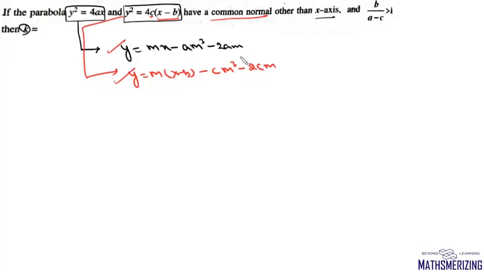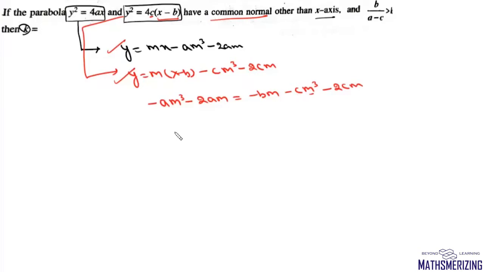So if we compare the constant terms, we'll write minus am cube minus 2am is equal to minus bm minus cm cube minus 2cm. Now what we'll do is, we'll take the terms of m cube together and the terms of m together.